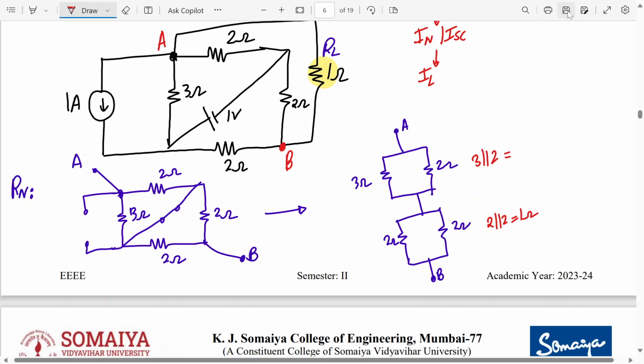3 ohm parallel to 2, how much? 1 point something, no? 1.2. And these two are in series. 1.2 ohm, 1 ohm. So what is RAB? RAB is 1.2 plus 1, that is 2.2 ohm.